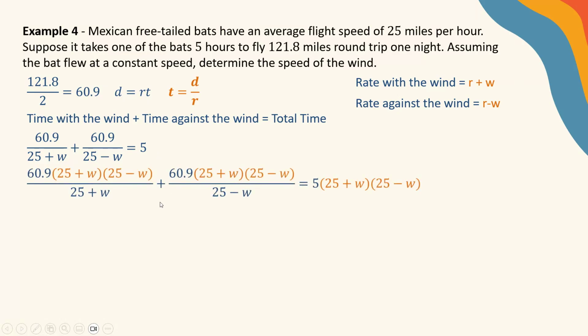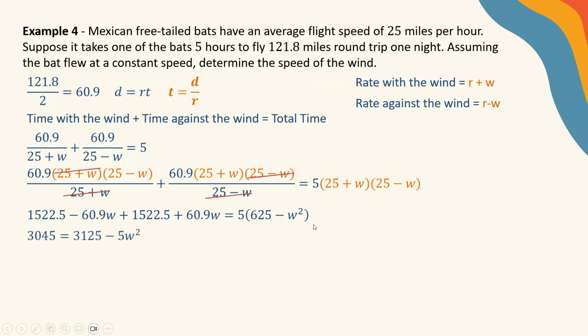Then we would multiply both sides by the least common denominator, which would be both denominators multiplied together, 25 plus W, 25 minus W, and then we'll cancel out like factors, and then we'll simplify the resulting equation. So I distributed the 60.9 for this part, distributed the 60.9 here, and then I FOILed the 25 plus W, 25 minus W. We're going to distribute the 5 here and combine like terms on the left-hand side.